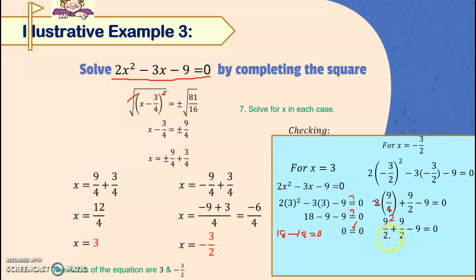So, 9 over 2 plus 9 over 2, kasi nga na-cancel na yung 4 sa denominator at saka yung 2 sa labas. So, 9 over 2 plus 9 over 2 minus 9 is equal to 0. So, let's check if it's really true. 9 over 2 plus 9 over 2 is 18 over 2, which is 9 actually. So 9 minus 9, will it be equal to 0? Of course, it is equal to 0.